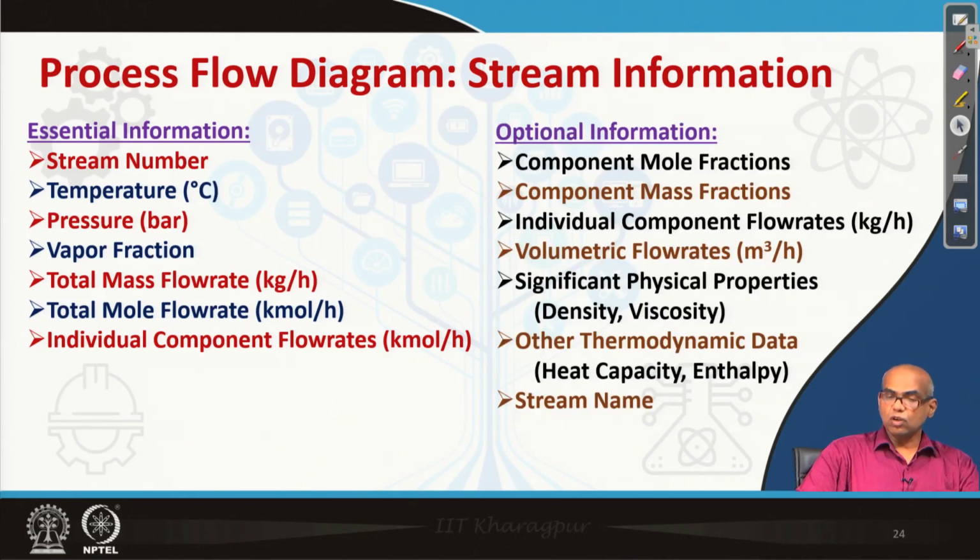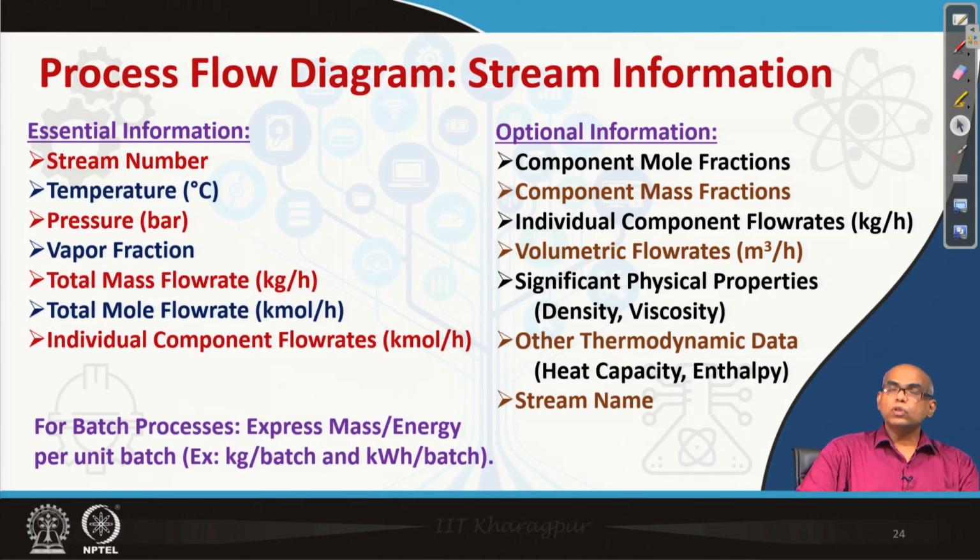Optional informations: component mole fractions, component mass fractions, individual component flow rates, volumetric flow rates, significant physical properties such as density, viscosity, etc., other thermodynamic data such as heat capacity, enthalpy, also stream name. So, there are some essential informations as well as some optional informations.